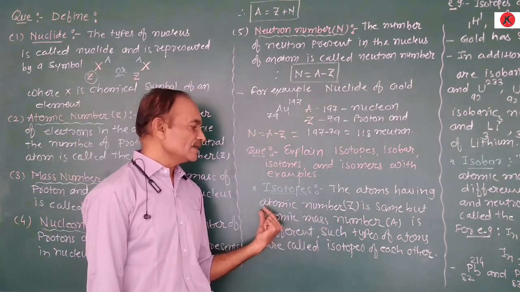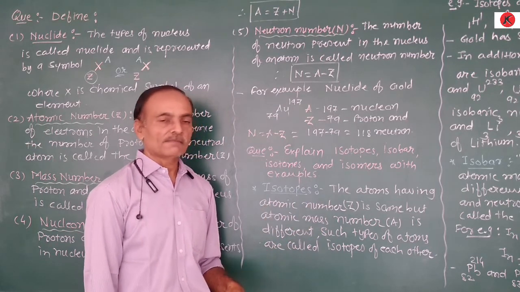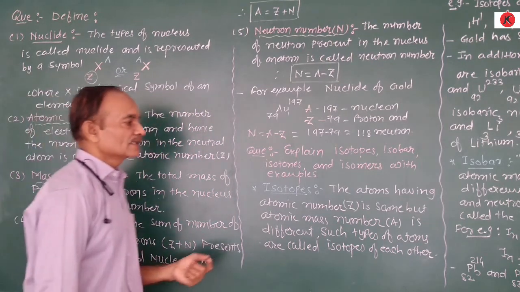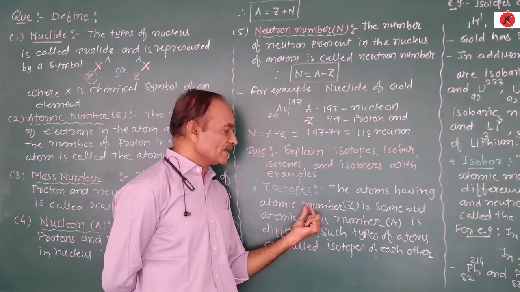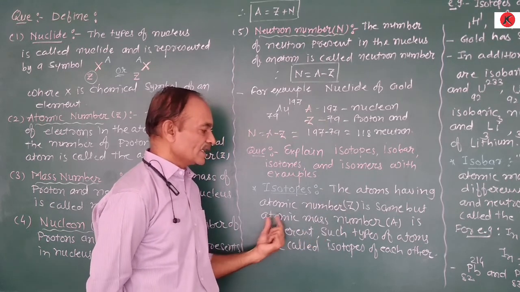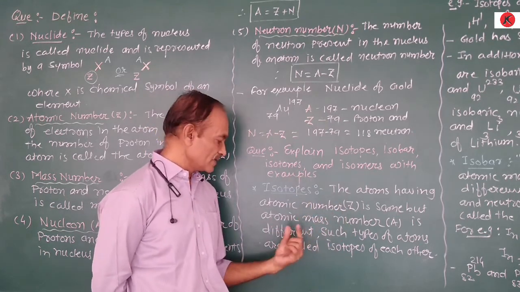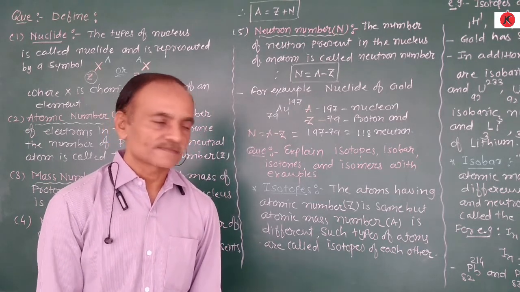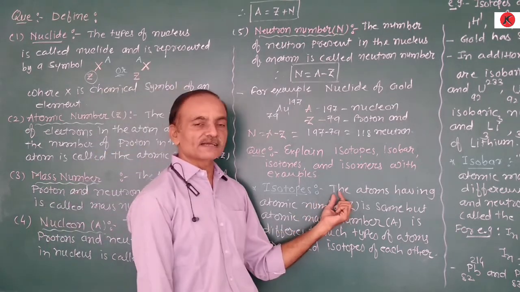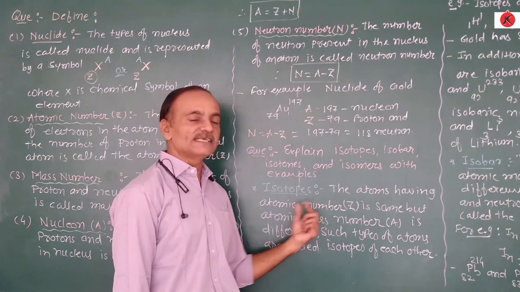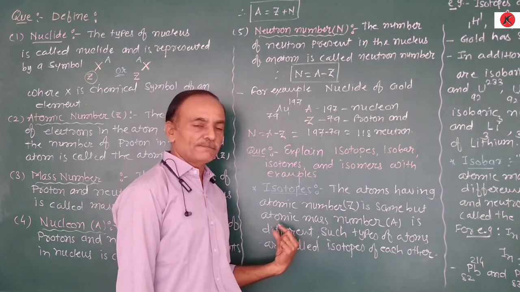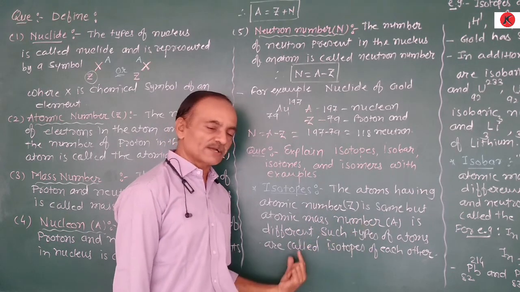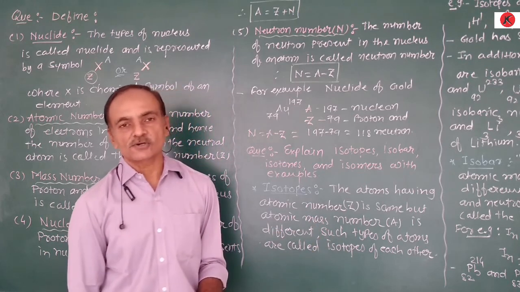The atoms having the same atomic number Z, but different atomic mass number A. Such atoms are known as the isotopes of each other.